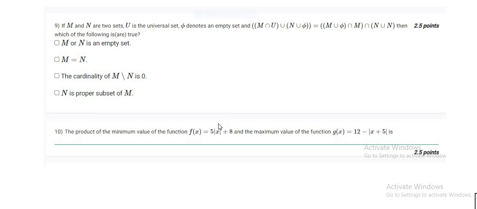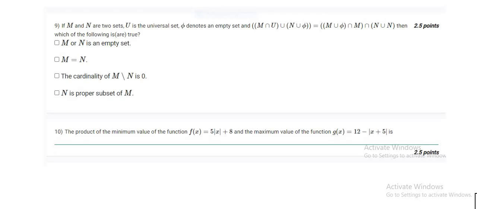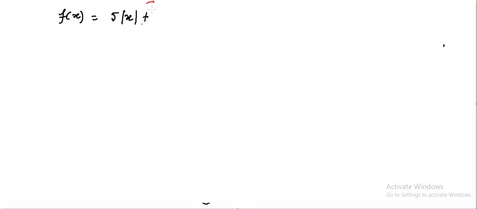Let's first of all find out the minimum value of f of x, which is 5 mod x plus 8. I am interested in finding out the minimum of f of x.